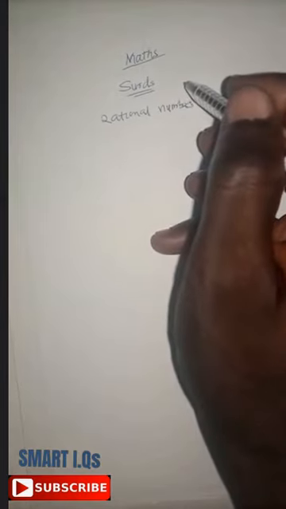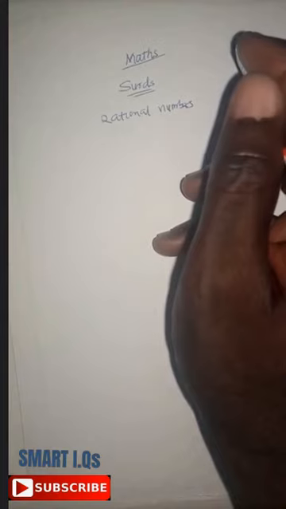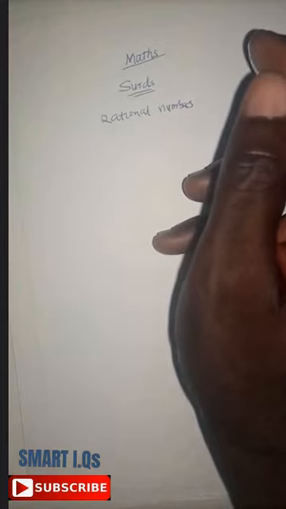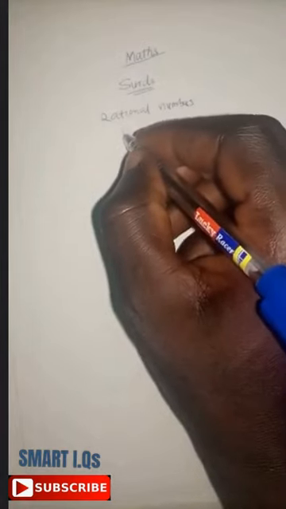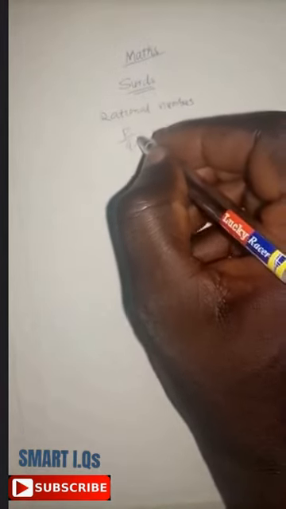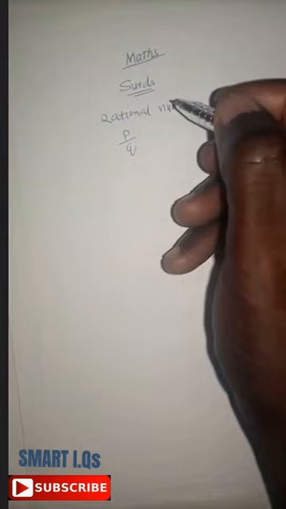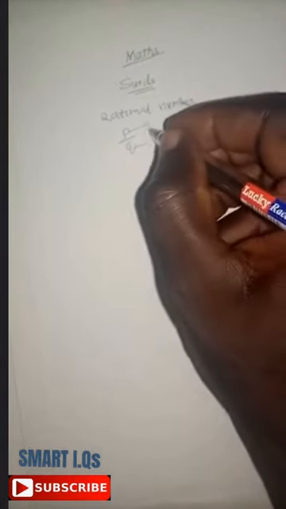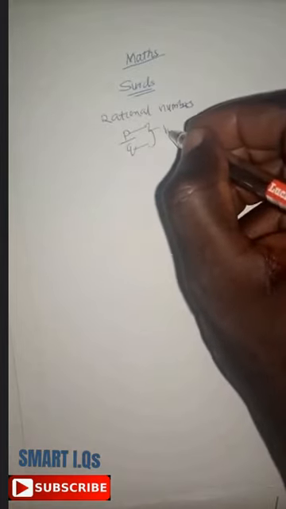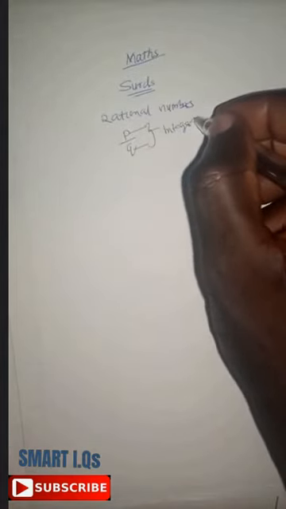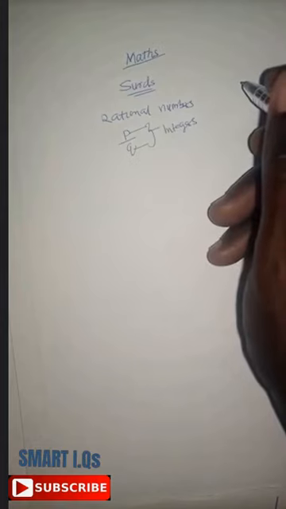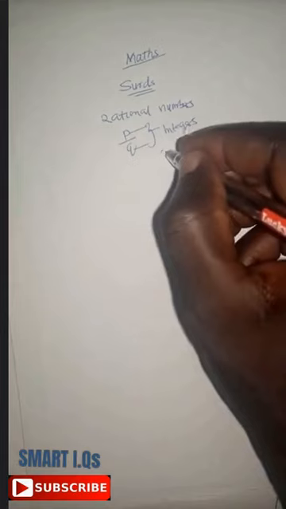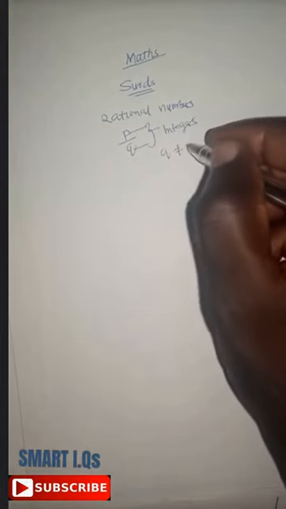Rational numbers are any numbers that can be written as a fraction. For example, if we have p over q, this is a rational number where p and q, both of them, are integers, provided that q is not equal to 0.